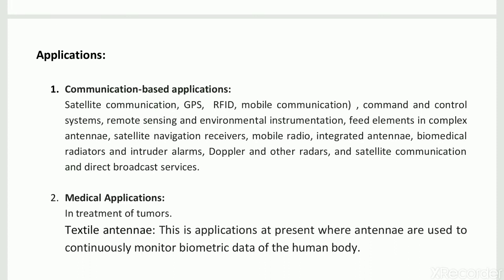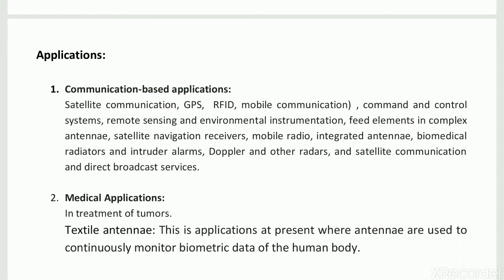It can also be used in satellite navigation receivers, mobile radio integrated antennas, biomedical radiators, intruder alarms, and in radars, that is Doppler and other radars, satellite communication and direct broadcast services. So these are the communication-based applications for microstrip patch antennas.